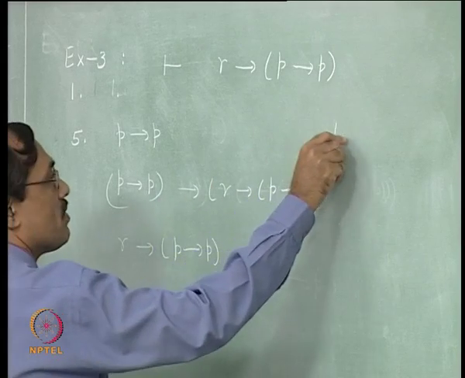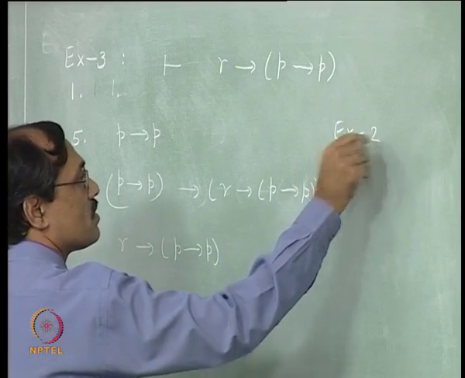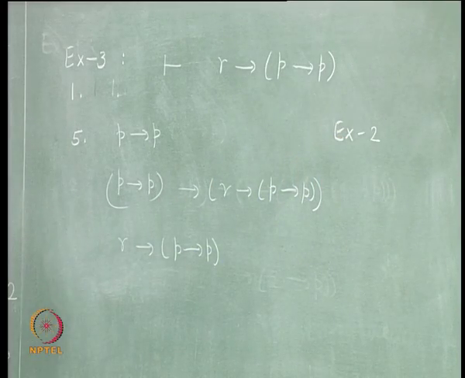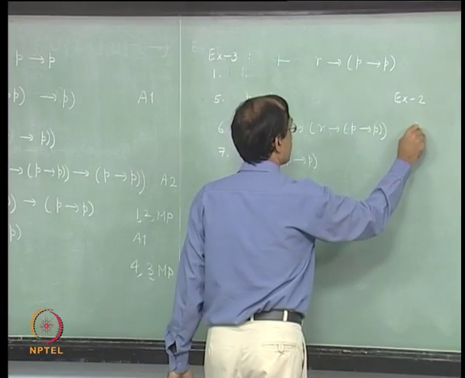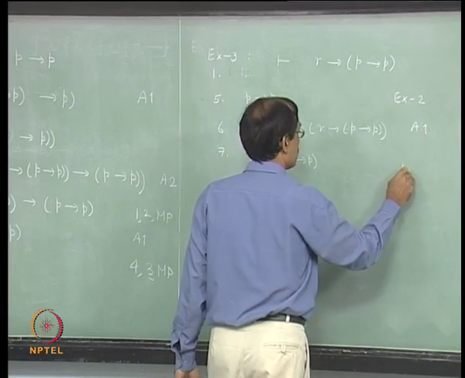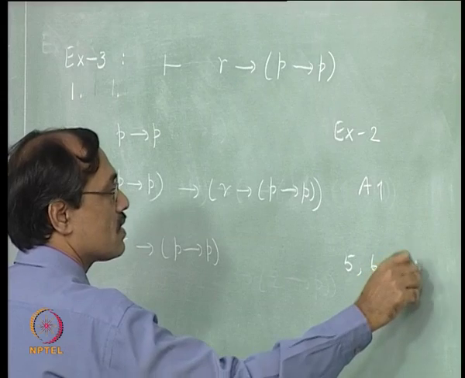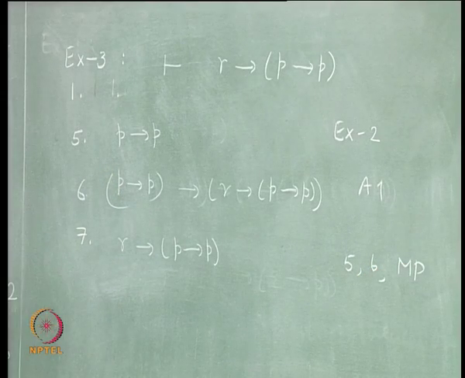So, bring the proof from example 1, example 2. Up to this you take the proof of P implies P. Next you add them. Here it is axiom 1, here it is 5, 6 MP. Okay.